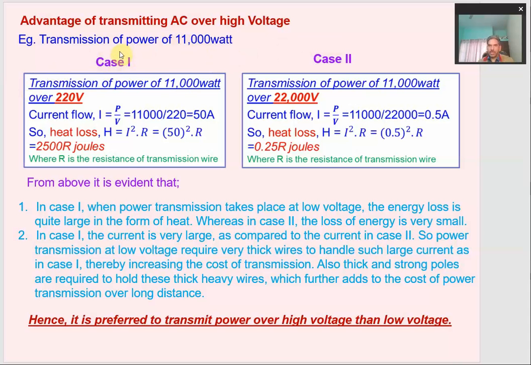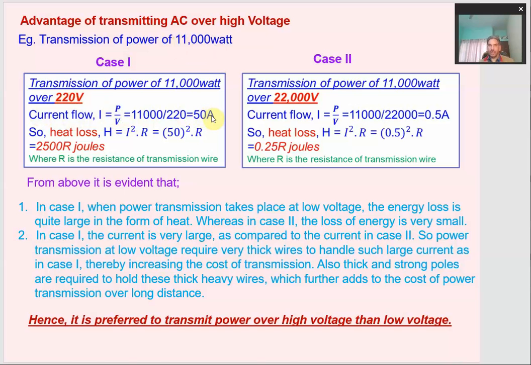In the first case, we transmit the power at 220 volt, which is quite a low voltage. What will be the current flowing? It is given by I equal to P upon V, which comes to 50 ampere, a very large amount of current.